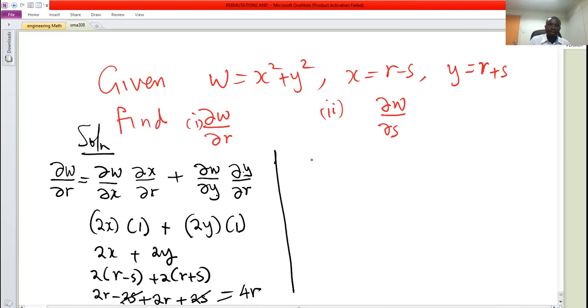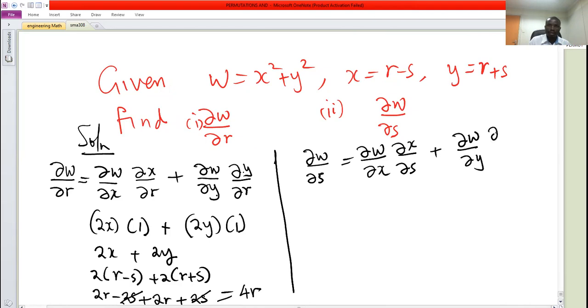And then the other one will be ∂w/∂s equals ∂w/∂x times ∂x/∂s plus ∂w/∂y times ∂y/∂s. ∂w/∂x is 2x. ∂x/∂s is minus 1. ∂w/∂y from this one is 2y. ∂y/∂s is 1.